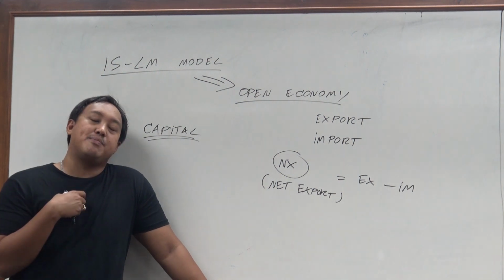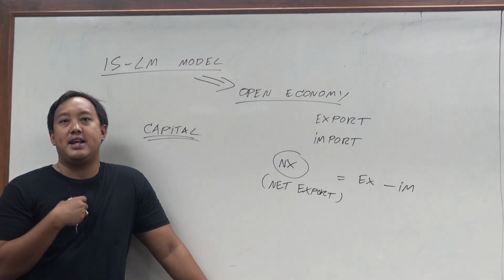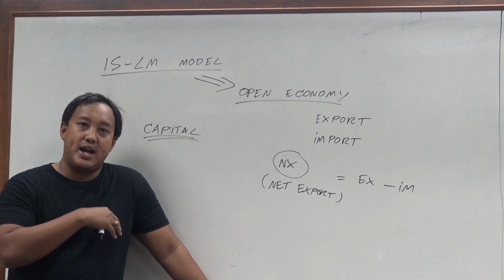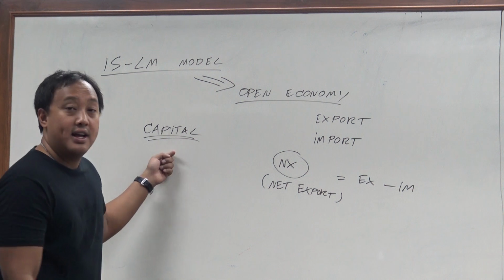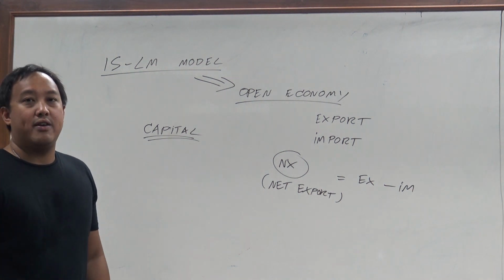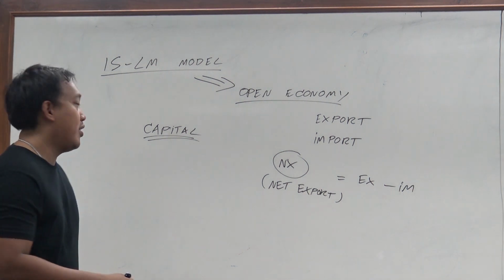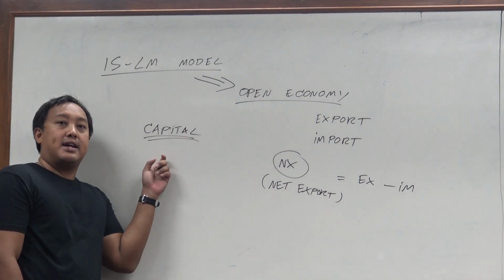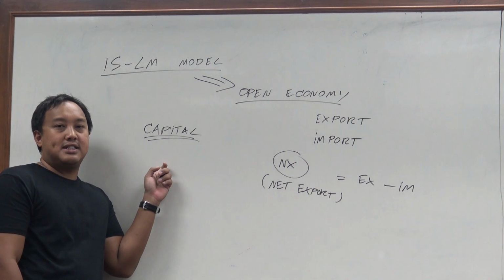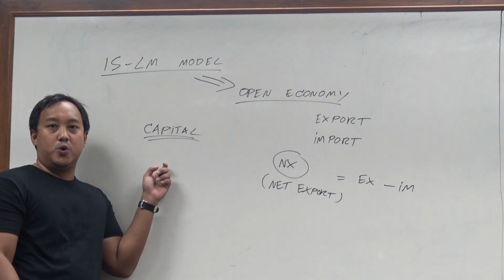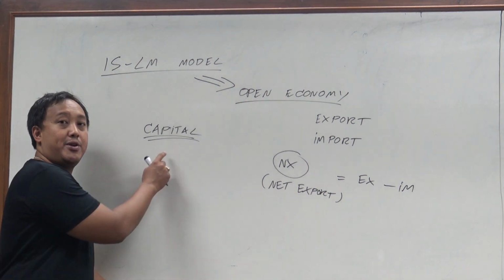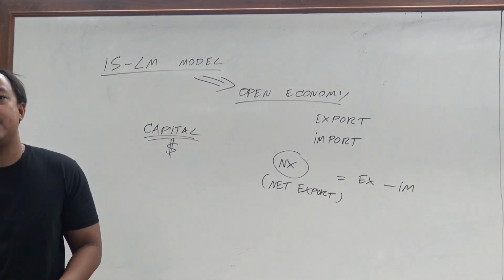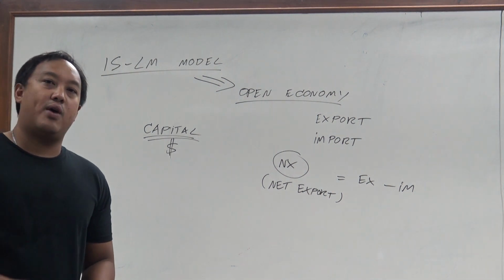I can invest my money in the USA, I can invest my money in Japan, I can move my money anywhere I want, to any other open country. So we apply the model to capture how capital moves around the world. Please make sure you understand that capital here doesn't mean machines, tools, or factories. Capital here means money, the money that moves around the world.